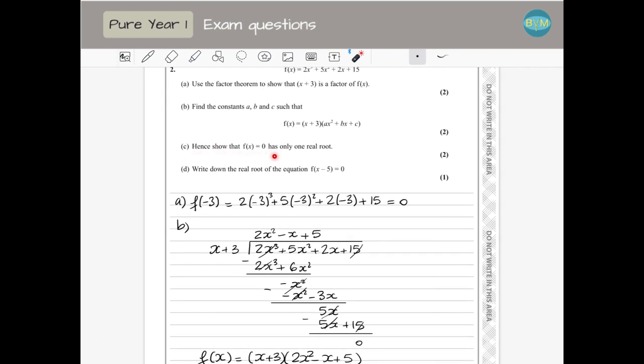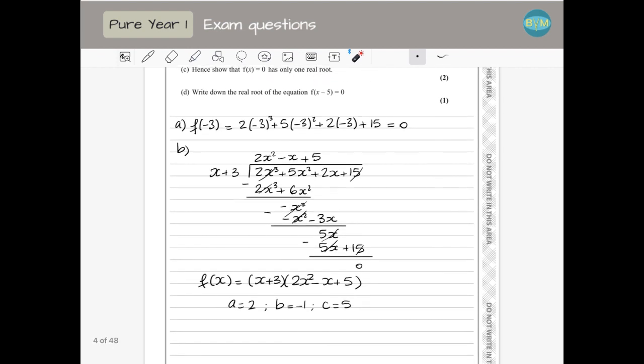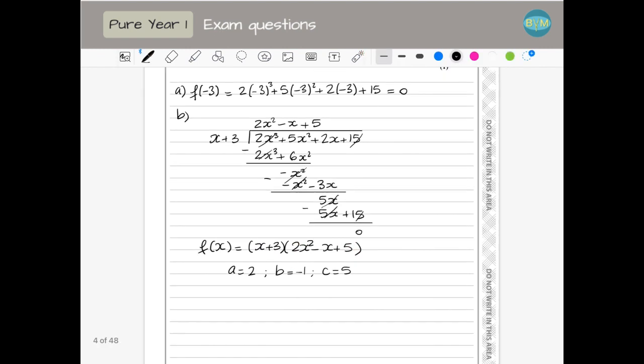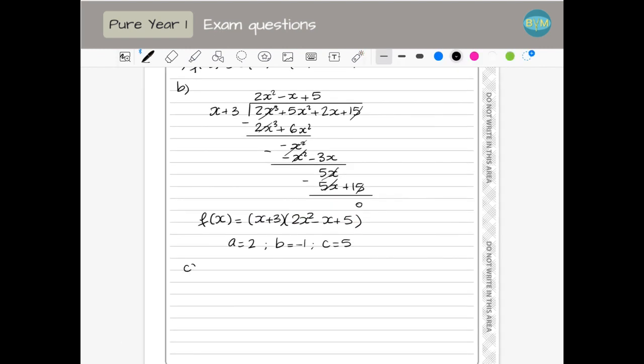Hence, show that f(x) equals 0 has only one real root. We know that the function has one root, which is minus 3. So they are telling us that that's the only root, which means this quadratic here has no solutions. And the way of checking that is using the discriminant. So we need to show that this has no real solutions.